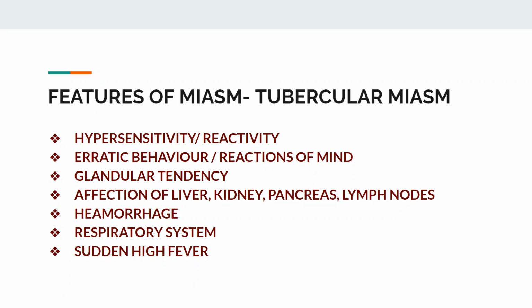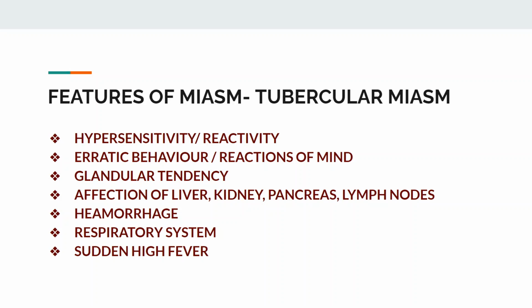Among the features of tubercular miasm, the most important you can identify is hypersensitivity, reactivity, allergies, erratic behavior. The patient is very much normal and within 1 hour will develop 102 fever. You can't predict. Even in reactions of the mind, he suddenly gets angry and you don't know the cause.